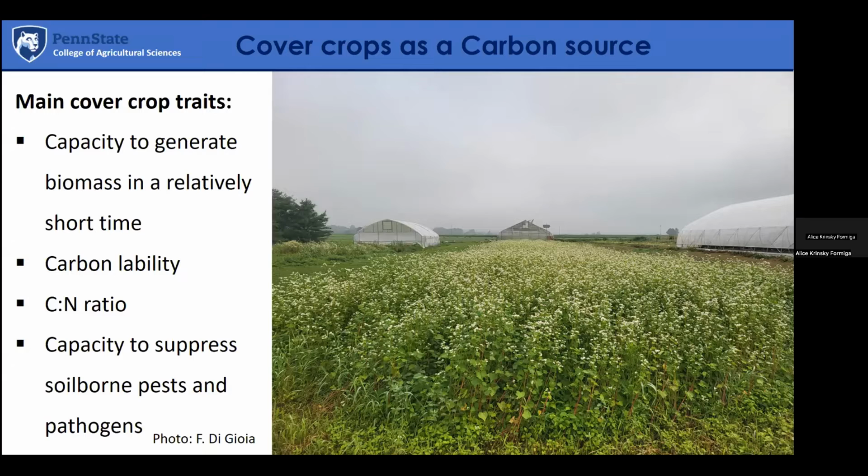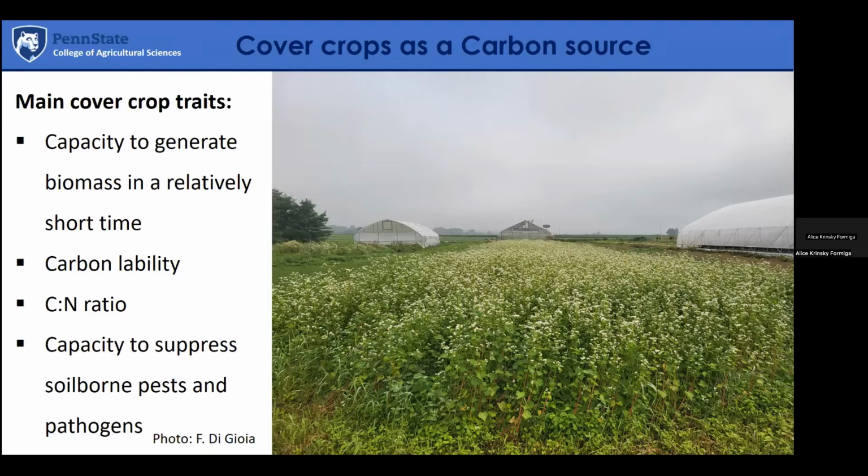And then we take into account the capacity to suppress soil-borne pests and pathogens. Like the example that I made before, if our target is to control weeds, we want a cover crop that is going to be able to suppress weeds by itself, and then ASD can add on to that.